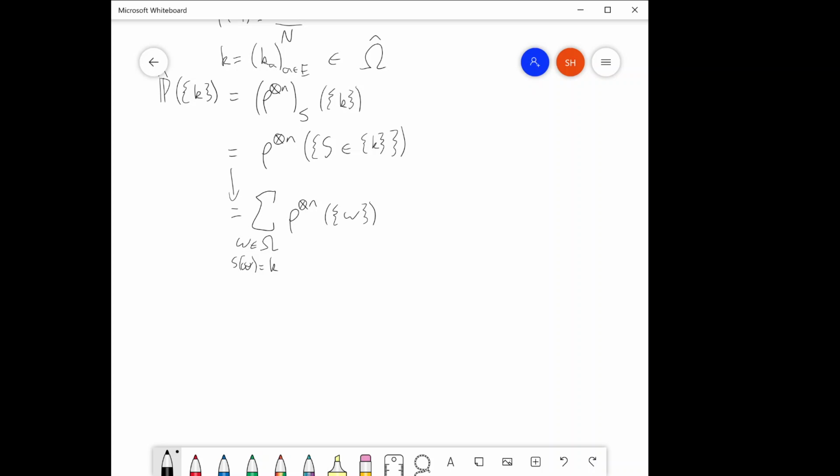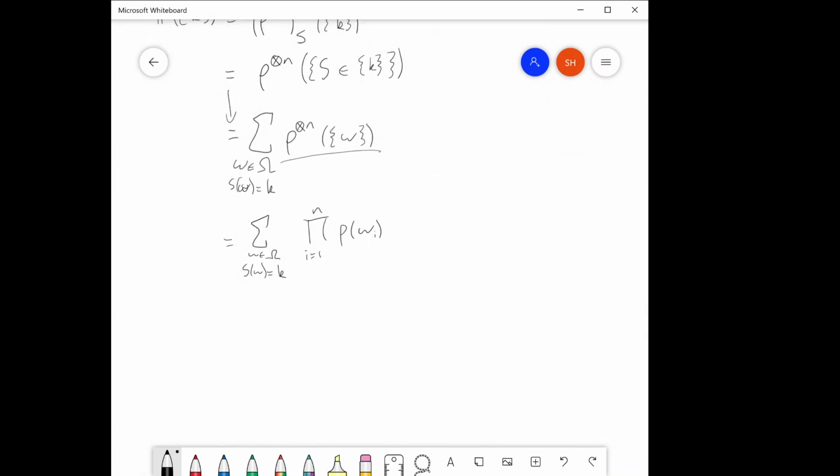Well, we can write out what this part is. This is the sum over omega in Omega such that S of omega is k of the product from i equals 1 to n of rho of omega_i.